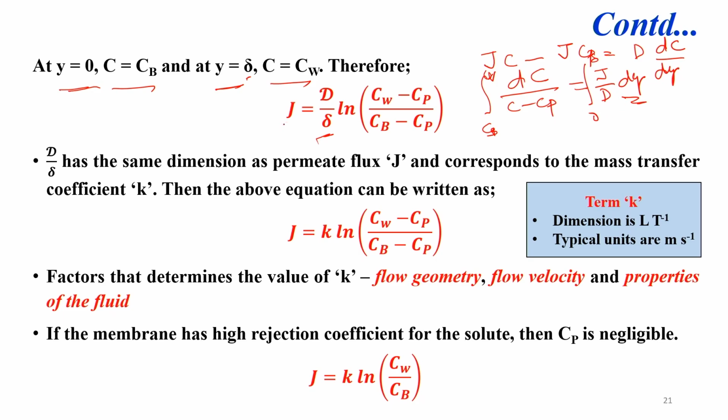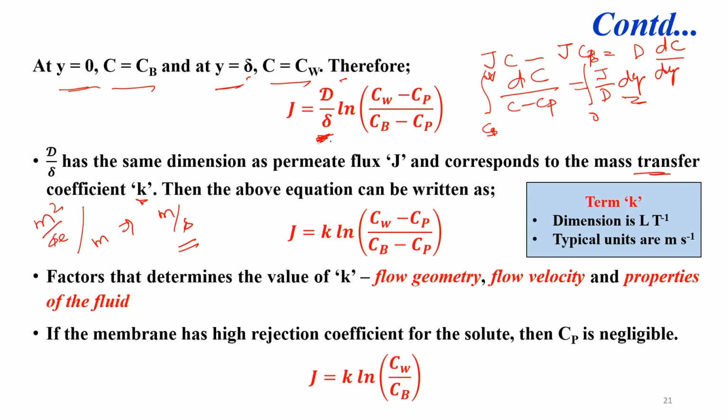So, we are getting J is D upon delta. D is the diffusion coefficient and delta is the thickness. The unit of diffusion coefficient is meter square per second, divided by thickness in meter, so we end up with meter per second, that is the same unit as this mass transfer coefficient.